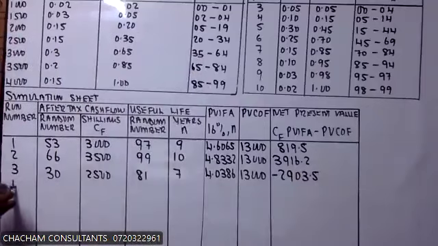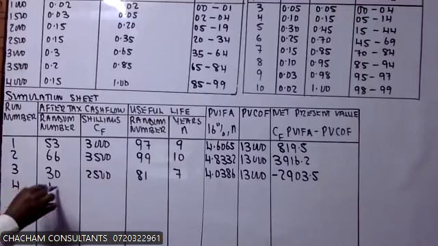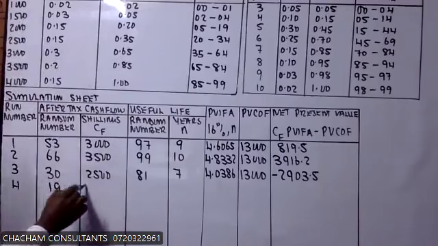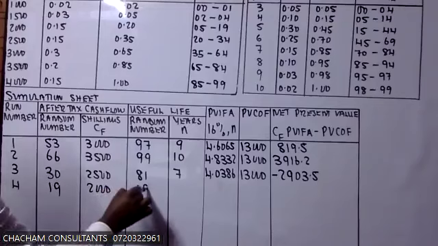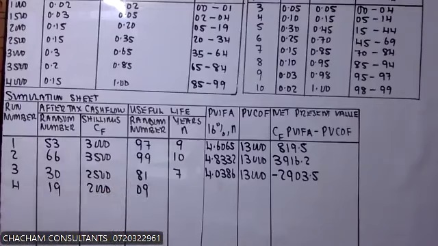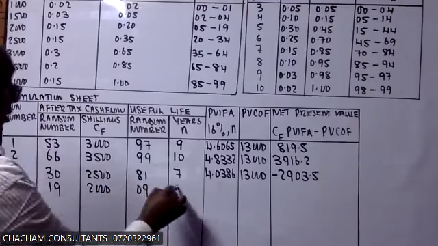Then we go to number 4. Number 4, the random number is 19. So 19 you get here as 2000. Then 09. So 09 you get there as 4 years.